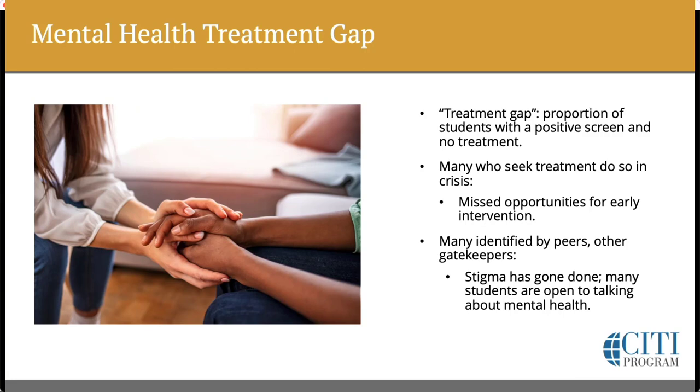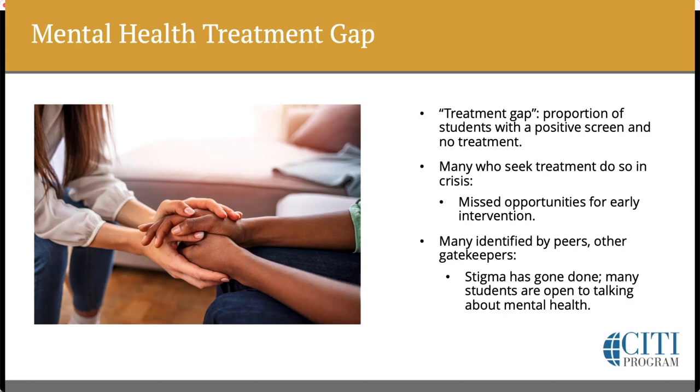Another problem in this treatment gap is the fact that many students, when they do seek help, eventually are doing so in a crisis. So they're delaying seeking help until their mental health is in such an urgent need that it finally rises to be a priority and they go and seek help. This is putting even more of a strain on the counseling center, and it's really a missed opportunity for early intervention and prevention.